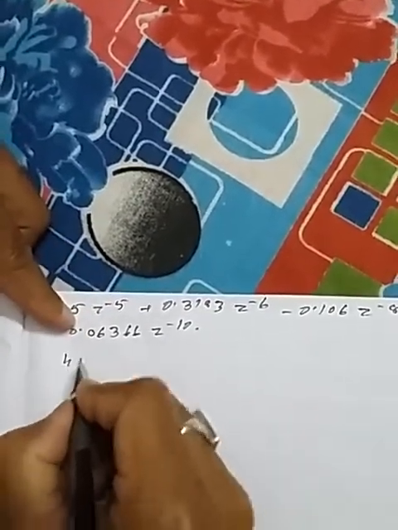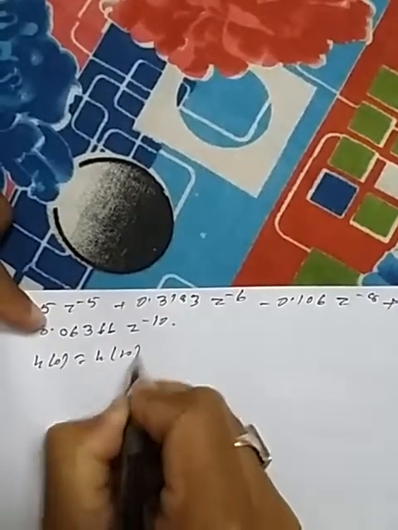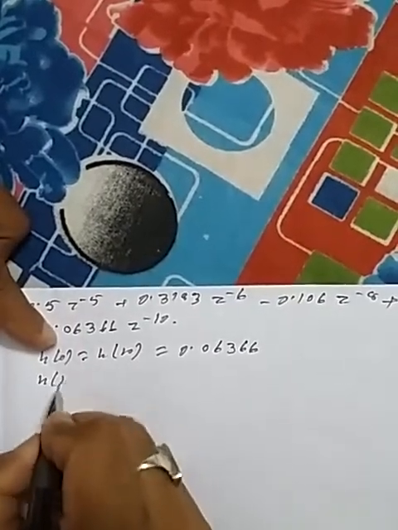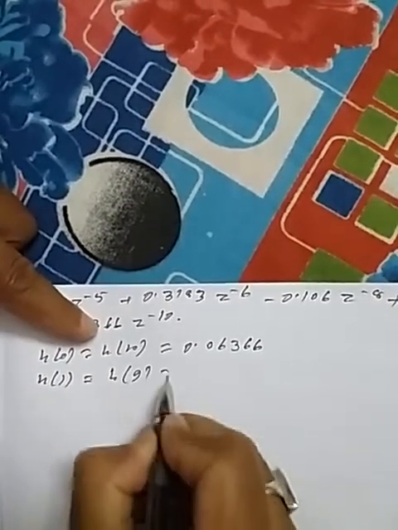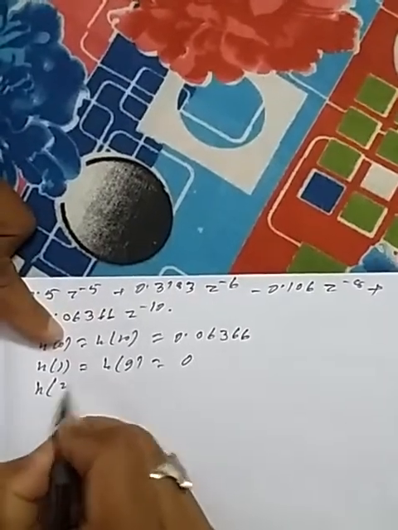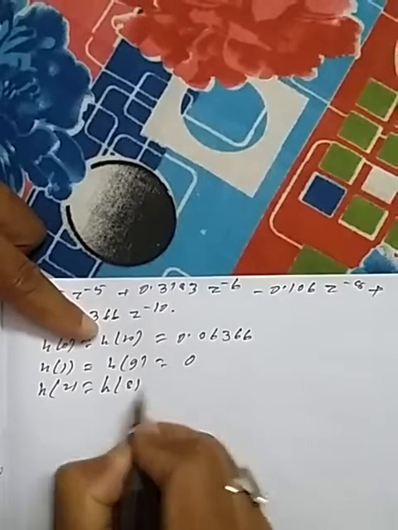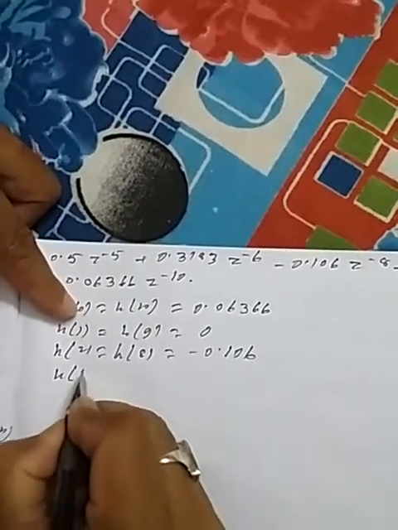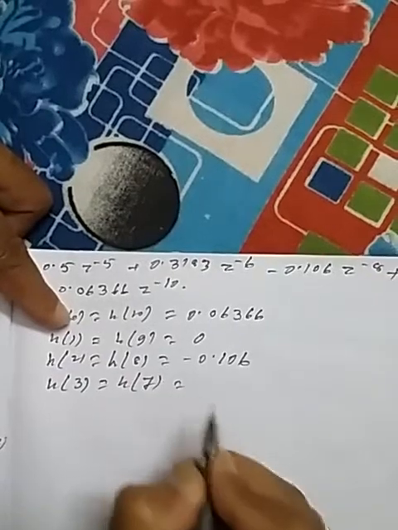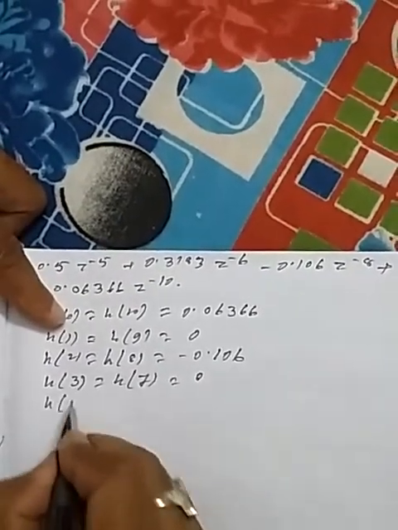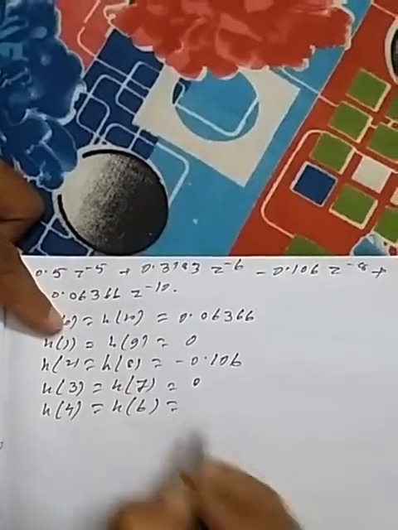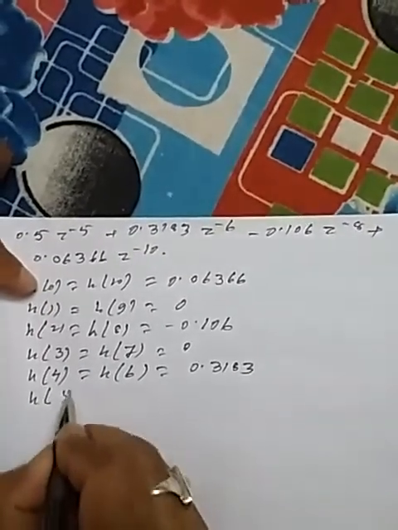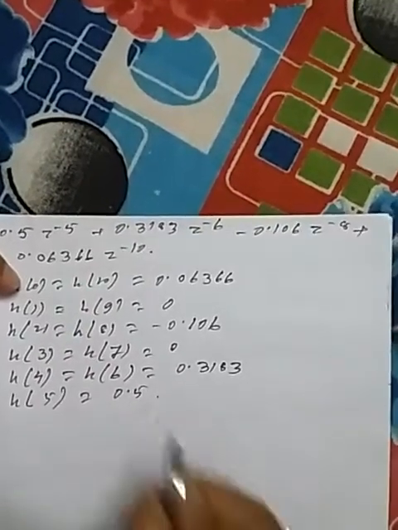The coefficients are H0 equal to H10 equal to 0.06366, H1 equal to H9 equal to 0, H2 equal to H8 equal to minus 0.106, H3 equal to H7 equal to 0, H4 equal to H6 equal to 0.3183, H5 equal to 0.5, this.